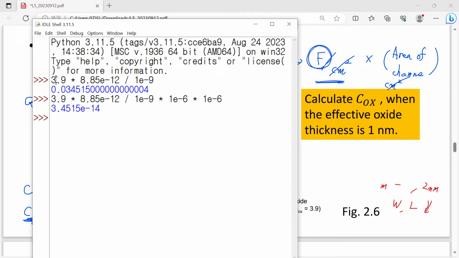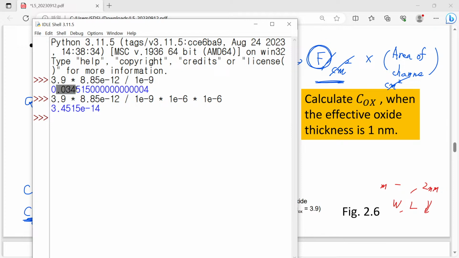By multiplying this by the vacuum permittivity, we get the permittivity of our oxide layer, epsilon ox, and it is divided by what? 1 times 10 to the minus 9. This is the 1 nanometer written in our SI unit system.